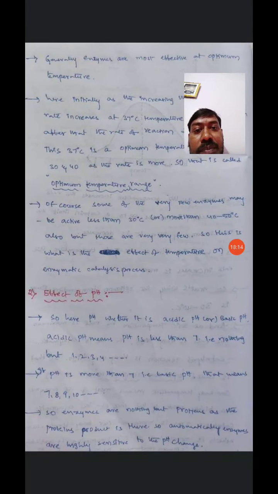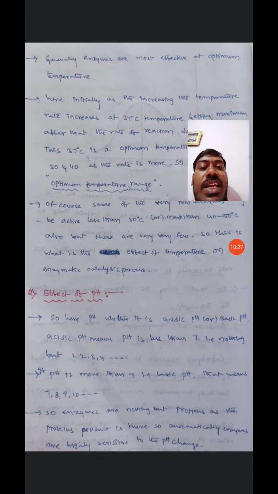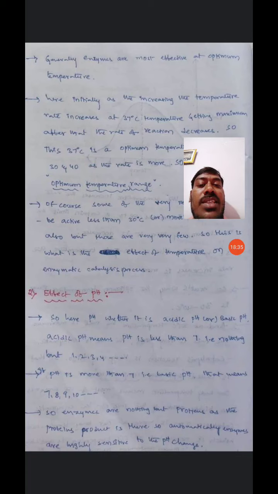Generally, enzymes are most effective at the optimum temperature. Initially, as we increase the temperature, the rate increases, reaching the maximum at 37 degrees centigrade, and after that the rate of reaction decreases.